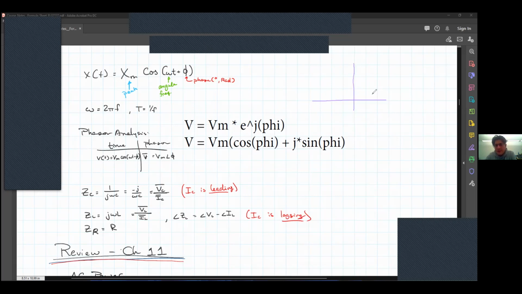Okay, if you have this and you have the vector, as I mentioned earlier, of I with a magnitude of IM and a phase shift of theta. In this case, we use phi, but theta can also be used for angles.